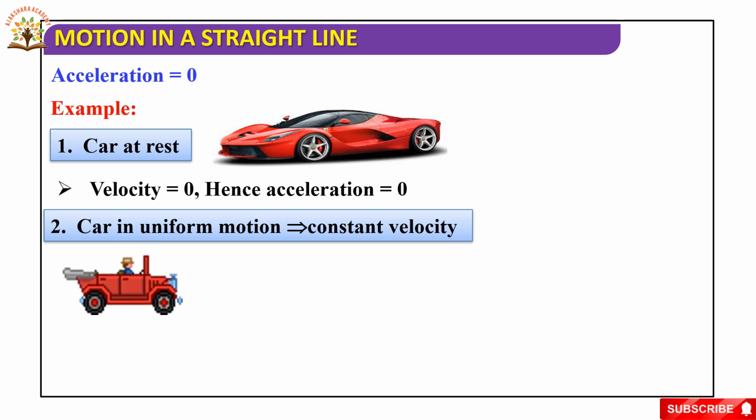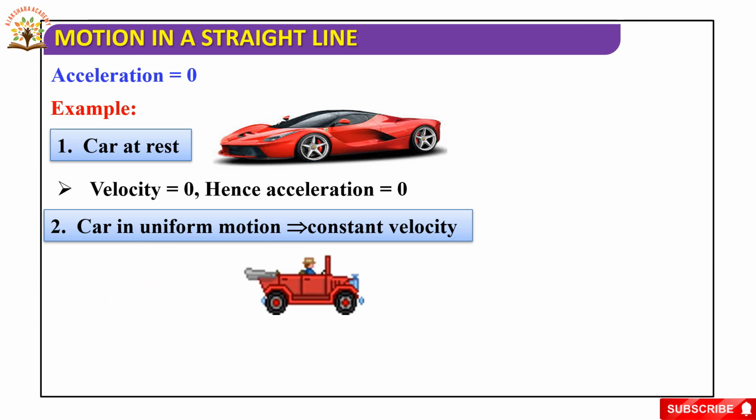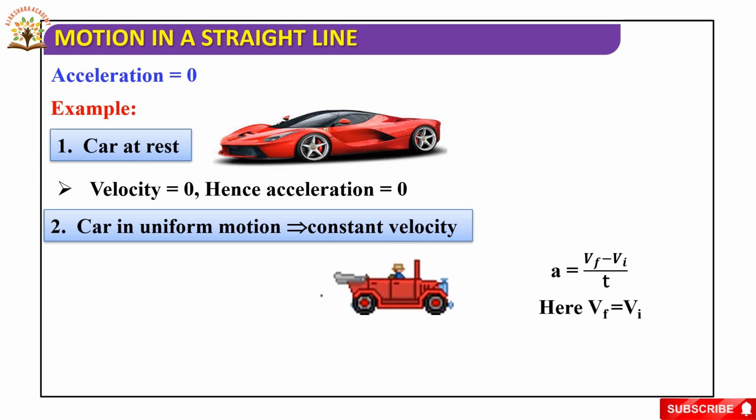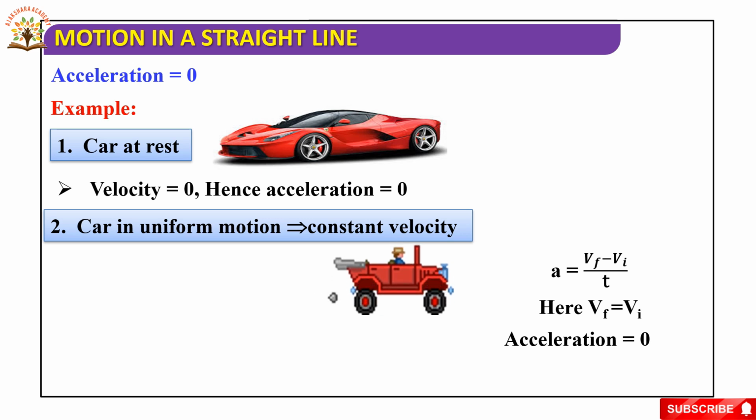Then it is moving with constant velocity. So a is equal to final velocity minus initial velocity by time taken. Hence Vf is equal to Vi, final velocity is equal to initial velocity. So acceleration is equal to 0. When a body moves with constant velocity, its acceleration is equal to 0.